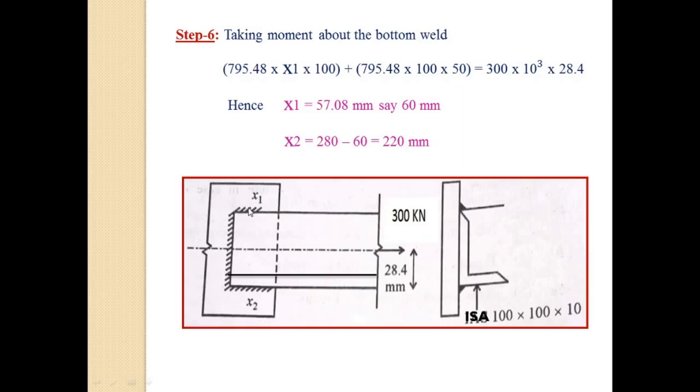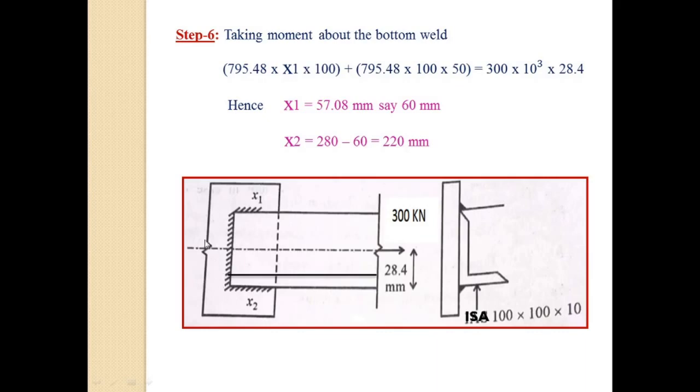So the first term is 795.48 into x1 multiplied by 100 mm. Plus the transverse weld, that is 795.48 per mm multiplied by 100. The total length is 100, and the perpendicular distance from the CG is 50, half of 100.